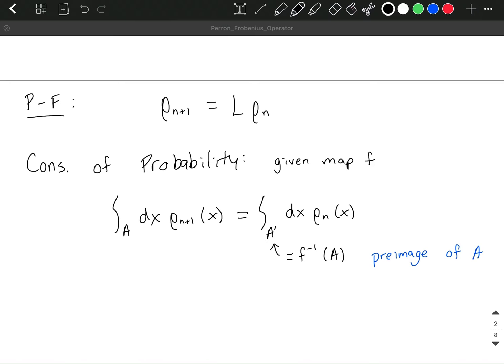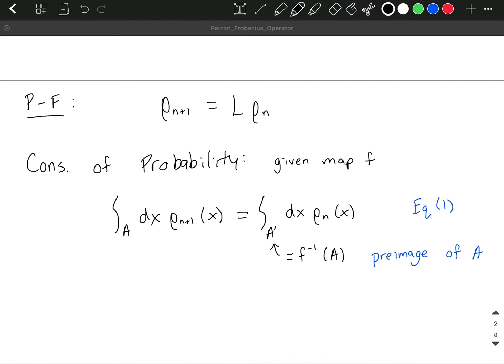And so taking this expression for the conservation of probability and denoting this expression as equation 1, because we will be referencing it a little later, we can rewrite equation 1 here if we restrict ourselves to one-dimensional maps.